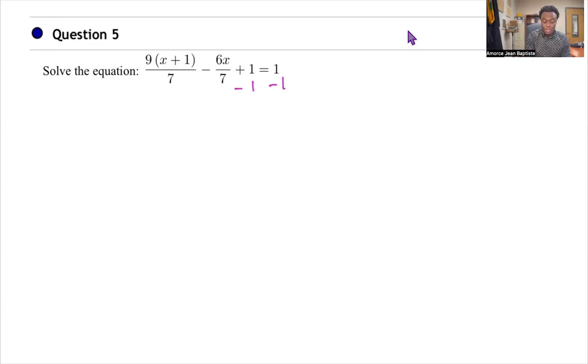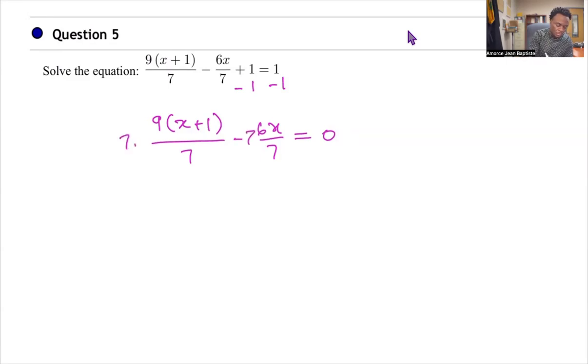So if you subtract 1 on both sides, you get 9x minus 1 plus 1 over 7 minus 6x over 7 equals 0. Then we would multiply by 7. We multiply everything by 7. 7 cancels out.